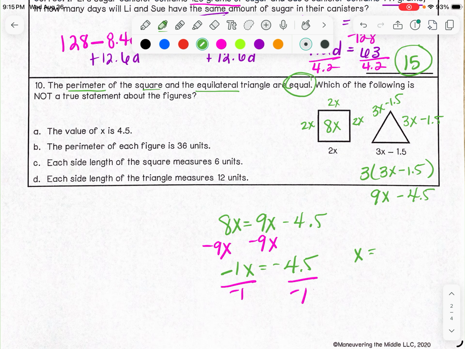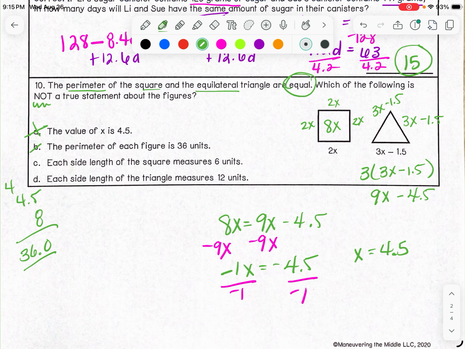Okay, so let's look at the options they give us. It's asking which ones are not true about the statement. The value of x is 4.5. That's not it. The perimeter of each figure is 36. You could just plug this back in, like do 8 times 4.5, and that's definitely 36.